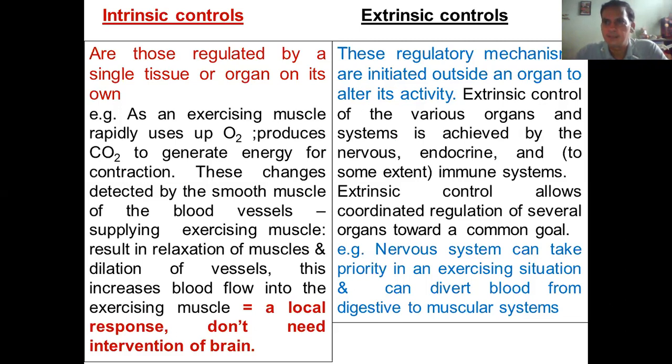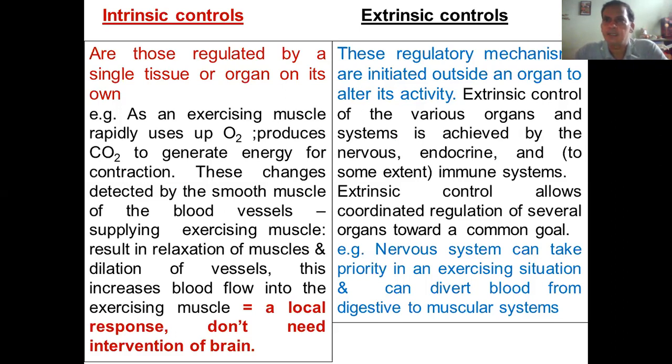The blood vessels which are supplying blood to the muscles will be relaxed, they will be dilated. Because of this dilation, there will be more and more blood supply to the muscles. More blood supply means there will be more supply of oxygen and more liberation or extrusion of carbon dioxide. And this kind of change is a local response. It doesn't need any kind of intervention from the brain.